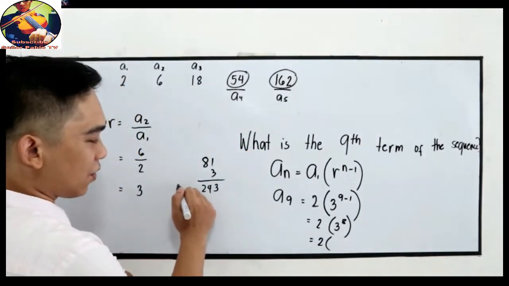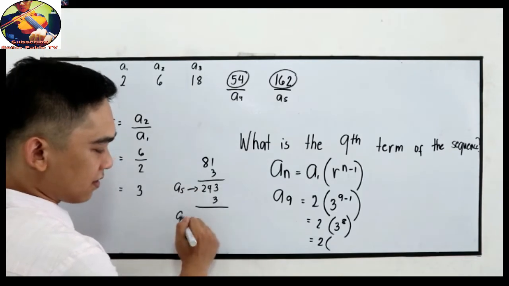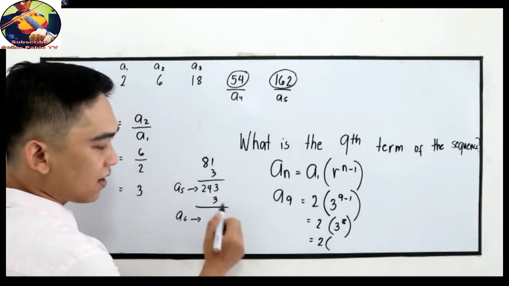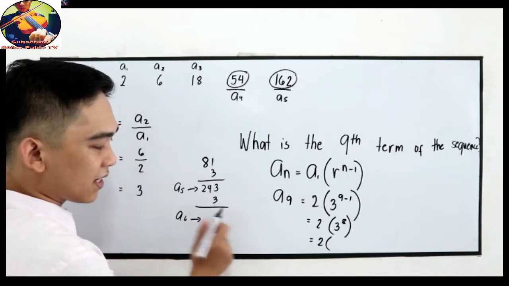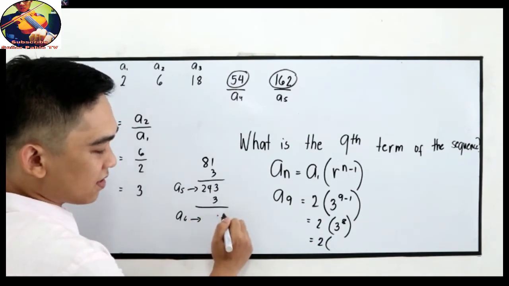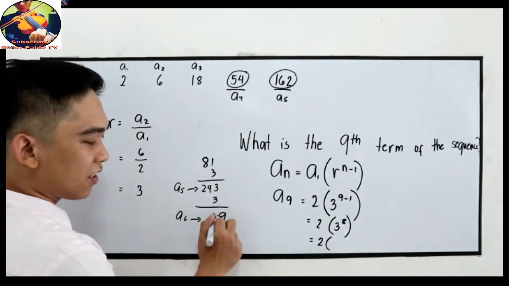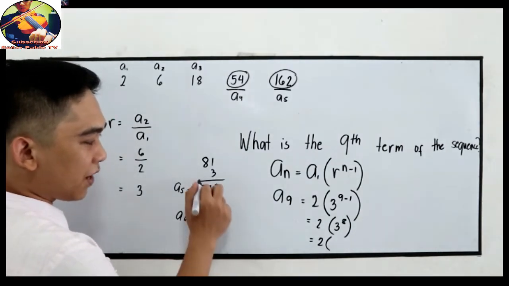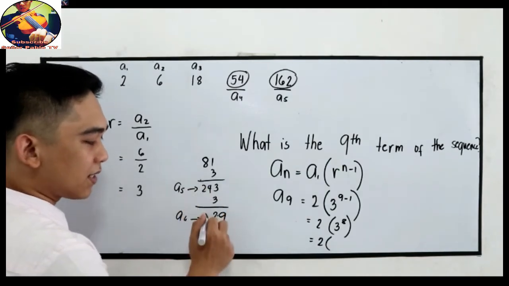Next, yung A5. Para makuha si A6, times 3 ulit. So, 3 times 3 is 9. 3 times 4, 12, carry 1. 3 times 2, 6 plus 1, 7, 2, 9.